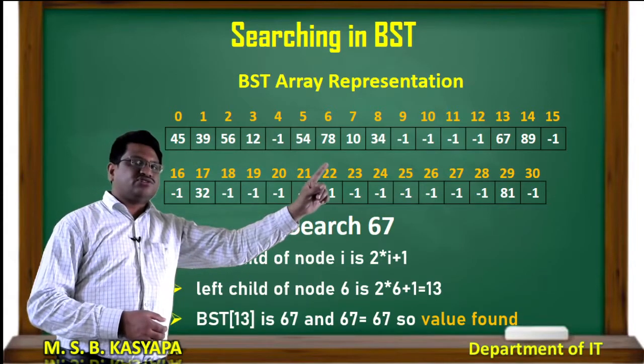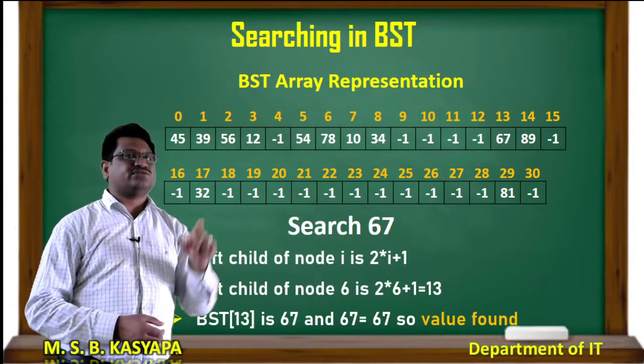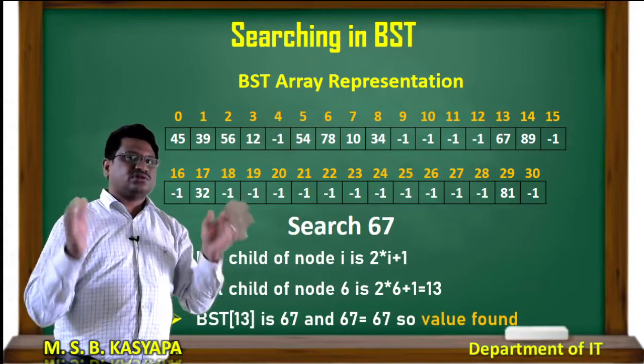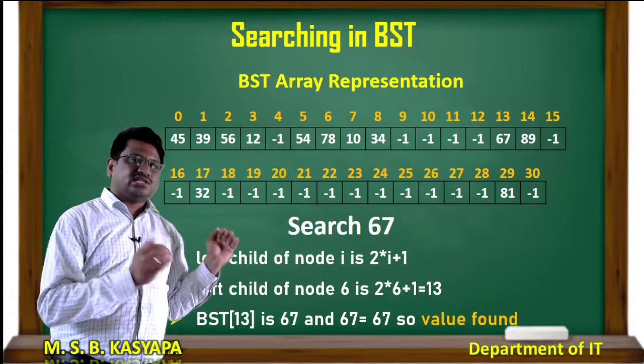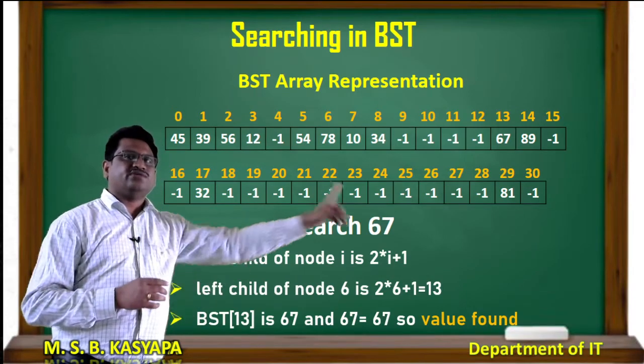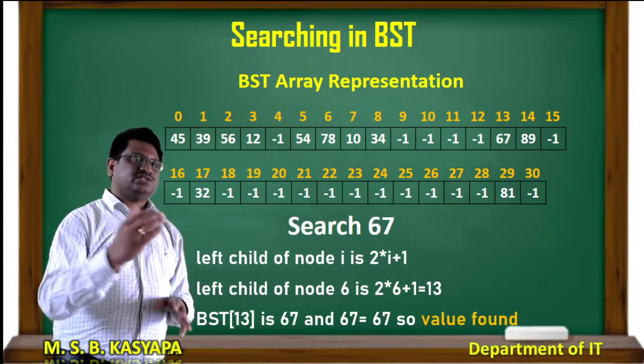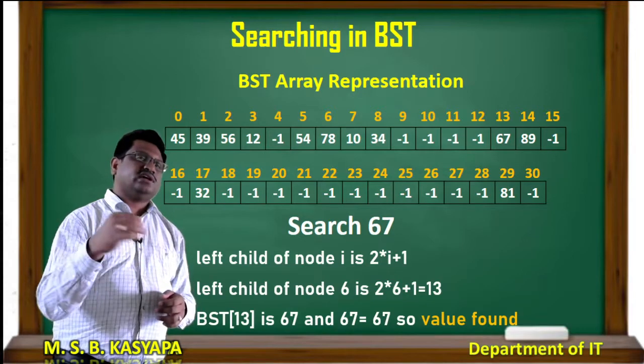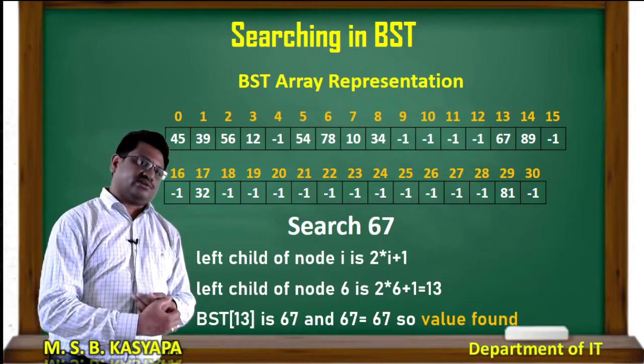Now at 27 the value is minus 1, which means there are no values on the left side of 67. So if I am finding 66 and I find minus 1, there are no further values, so I can directly conclude the value is not found.